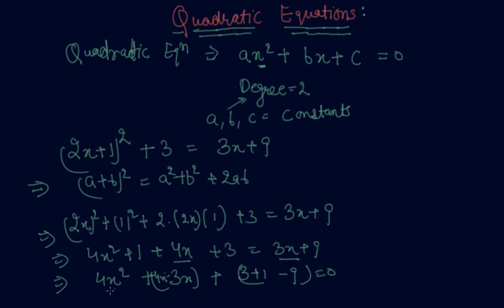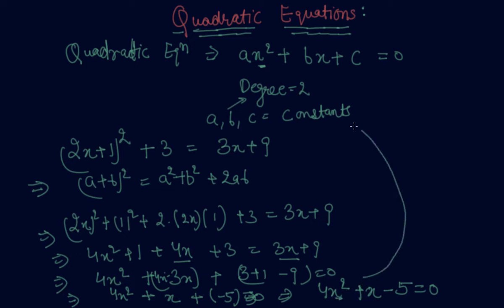Okay, so this comes out to be 4x square plus x minus 5 equals 0. So this is the equation we are getting: 4x square plus x minus 5. I hope you are clear now, because here the degree of x is 2. So this must be a quadratic equation.